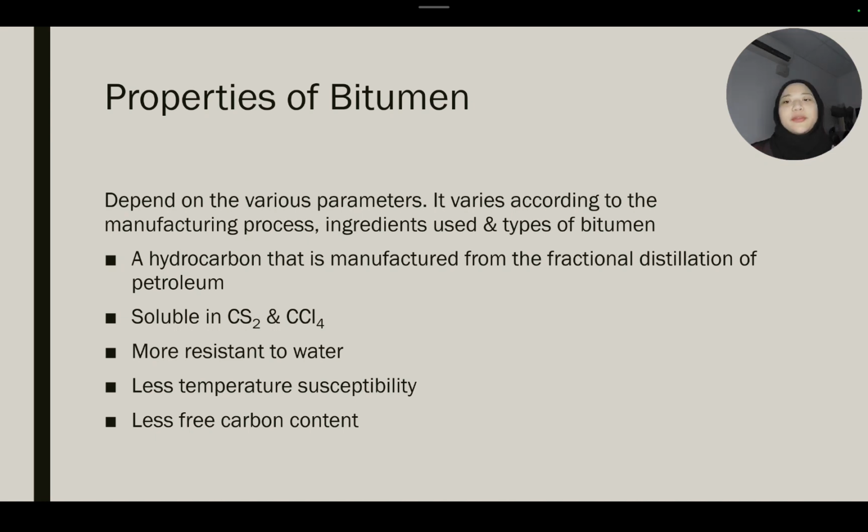The properties of bitumen depend on various parameters.